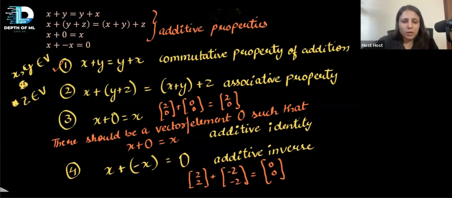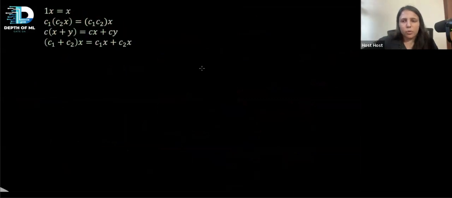Fine. Let's move to another four properties. These properties are called multiplicative properties of a vector space.